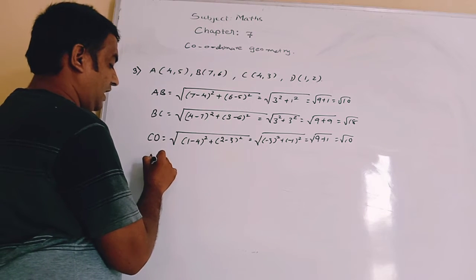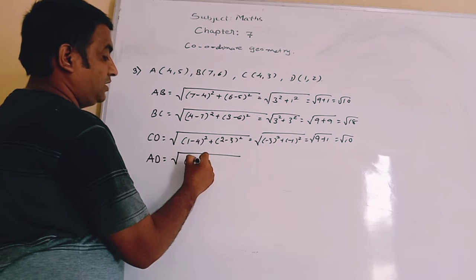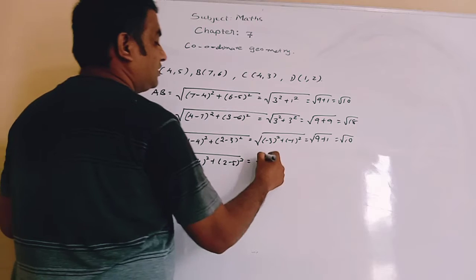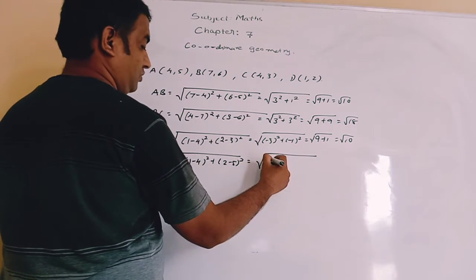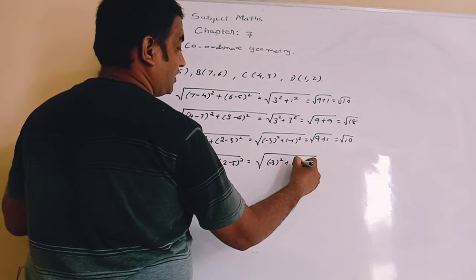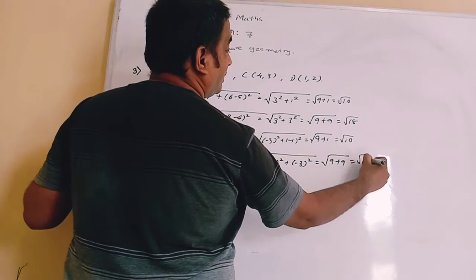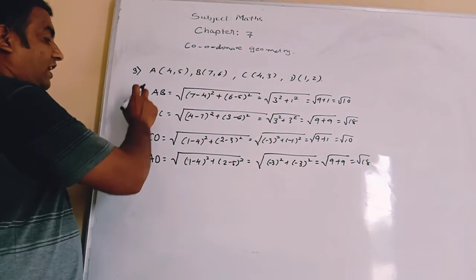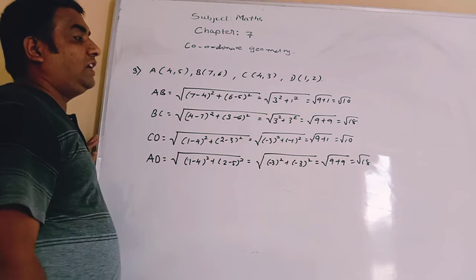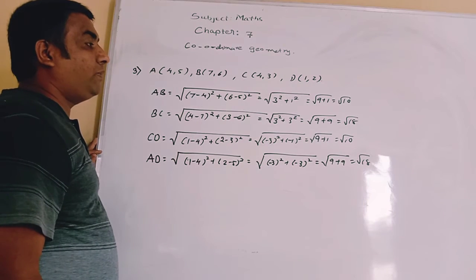And AD we calculate, then it is (1 - 4) square, (2 - 5) square, so -3 square plus -3 square, 9 plus 9, root 18. So here BC and AD are equal, AB and CD are equal. That means opposite sides are equal, so it can be a rectangle, and if it is not a rectangle, it will be a parallelogram.